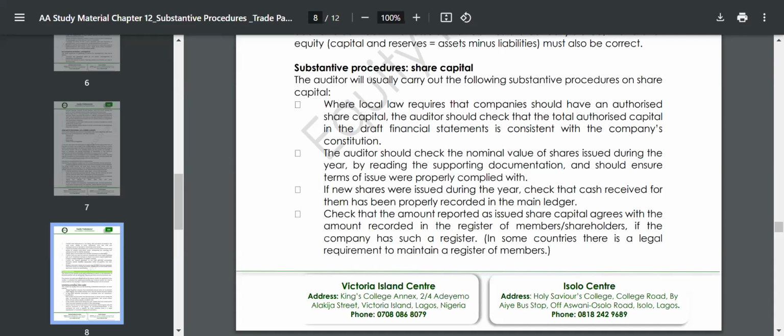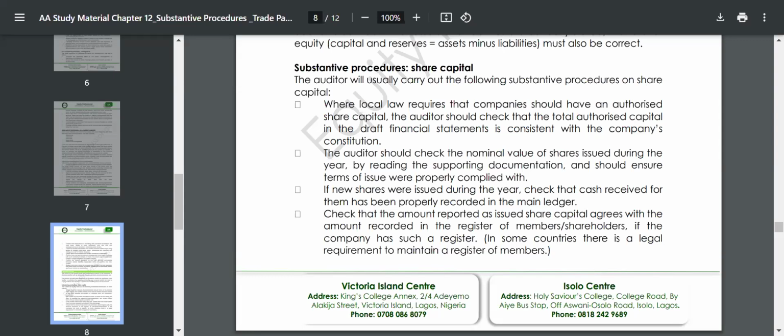So the auditor will need to check what has been declared as the authorized share capital for this particular company as regards the law. The auditor will then check whether that same amount is what is in the draft financial statements. What the auditor is checking for here is that the company is consistent in its authorized share capital declaration.